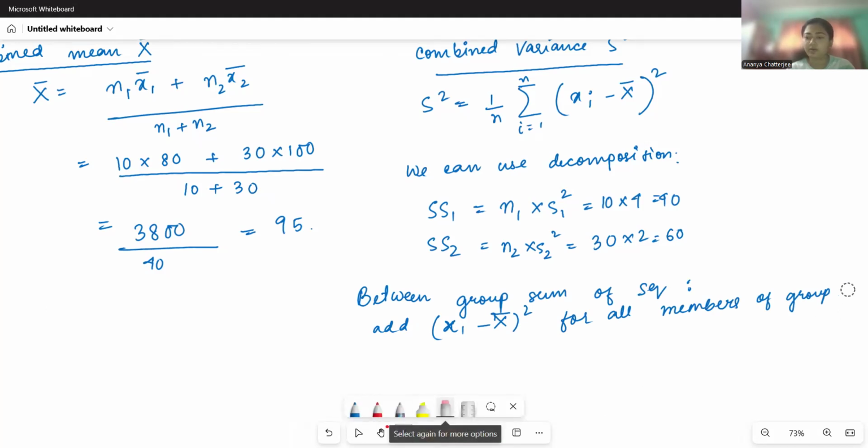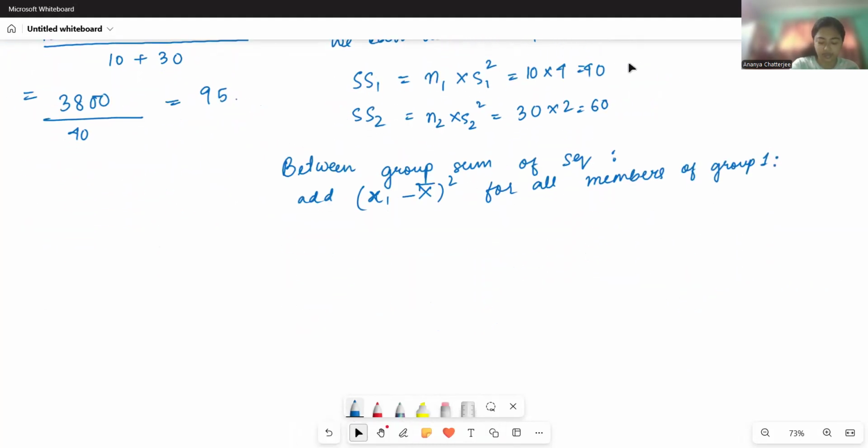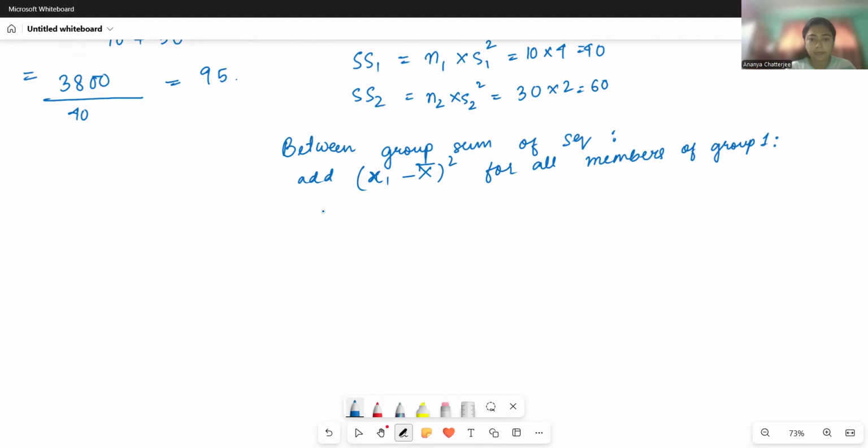So from here what we get is n1 times x1 bar minus x bar square, which is 10 into 80 minus 95 square.